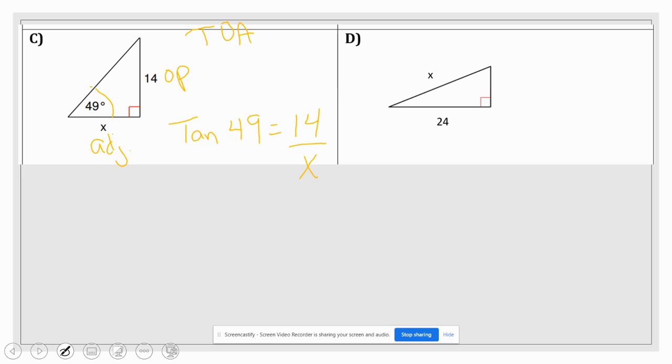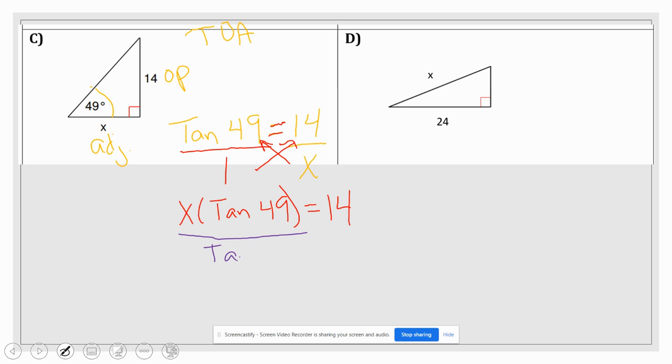Our first step again to solve for x is to get it out from underneath the fraction bar. Or I can put tangent 49 over 1, and because of the equal sign, I can use cross products. If I do that, we have x times the tangent of 49 degrees is equal to 1 times 14. 1 times 14 is 14.